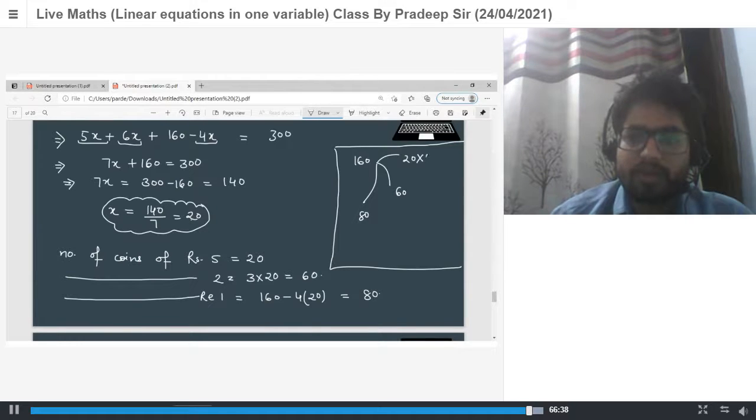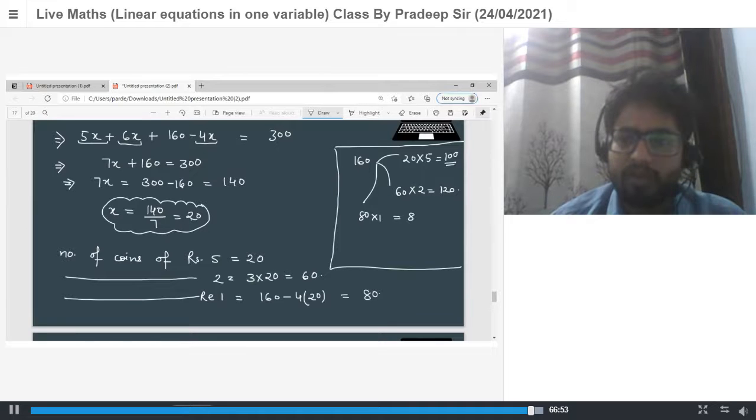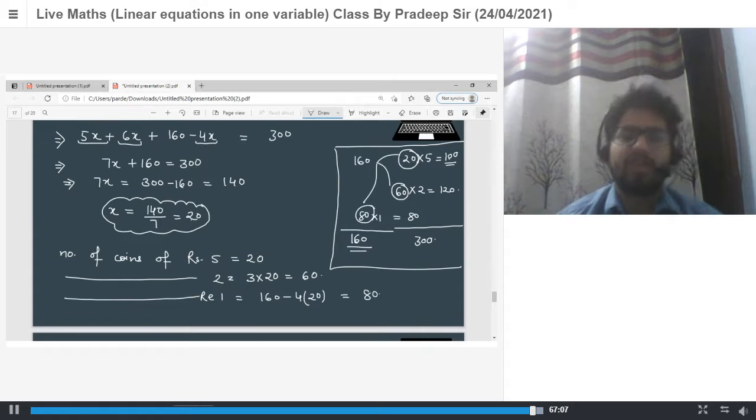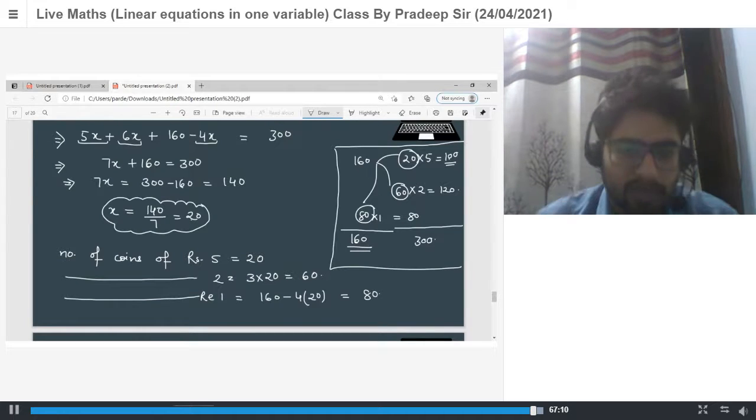If you total this, 5 rupees 20 coins means we have 100 rupees of 5 rupees, 60 into 2 is 120 of rupees 2, and 80 into 1 is 80 rupees of 1 rupee coins. So this is 100 plus 120 plus 80, equal to 300. And the sum of 20, 60 plus 80 is 160. So we have a total of 20 coins of rupees 5, 60 coins of rupees 2 and 80 coins of rupee 1.